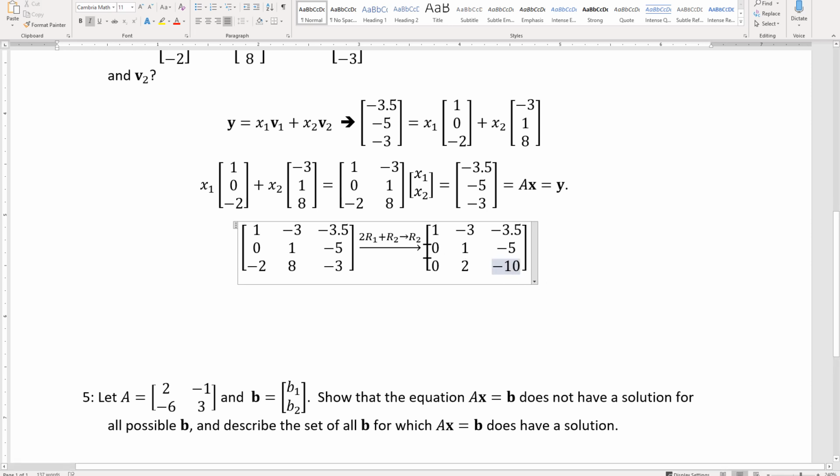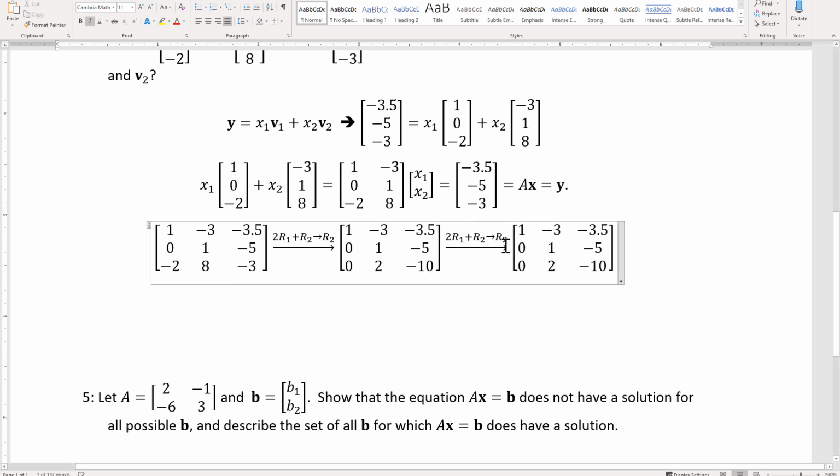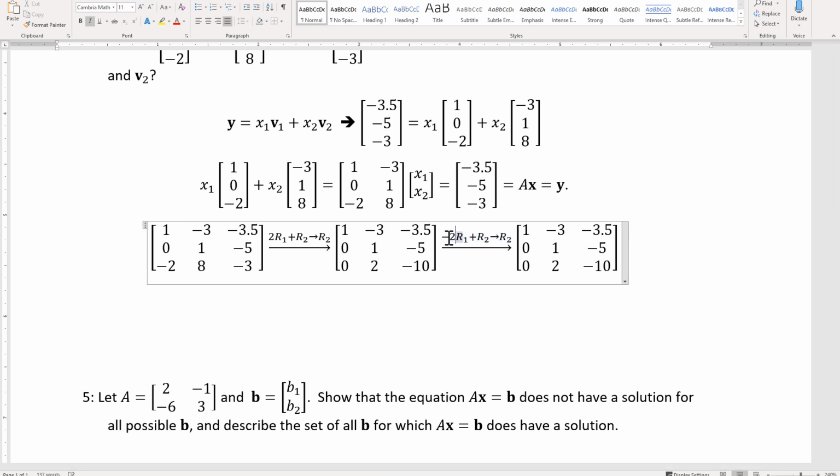And so we do one more step here where we take our second row, sorry, and multiply the second row by negative 2, and then add it to the third row and replace our third row by that.